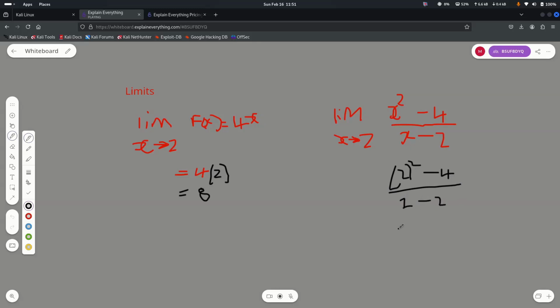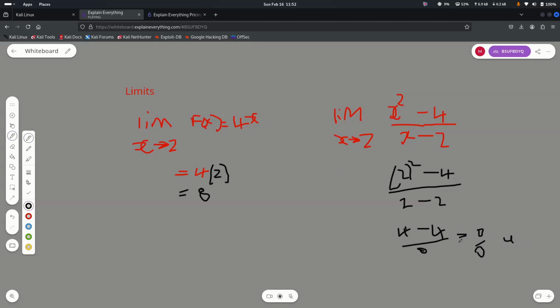So at the top here we are going to have 4 minus 4 divided by 0, and our final answer is going to be 0 divided by 0.